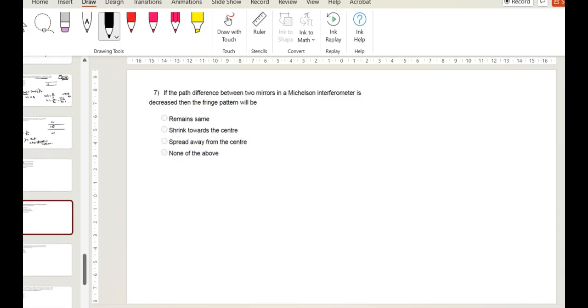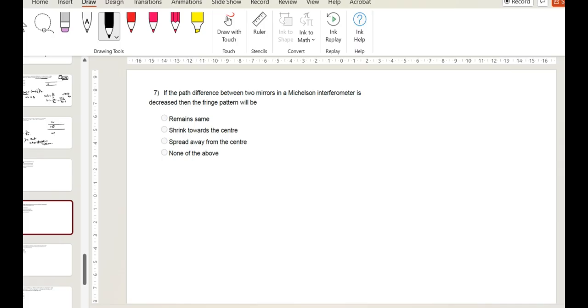Question 7: if the path difference between two mirrors in a Michelson interferometer is decreased, then the fringe pattern will be what?